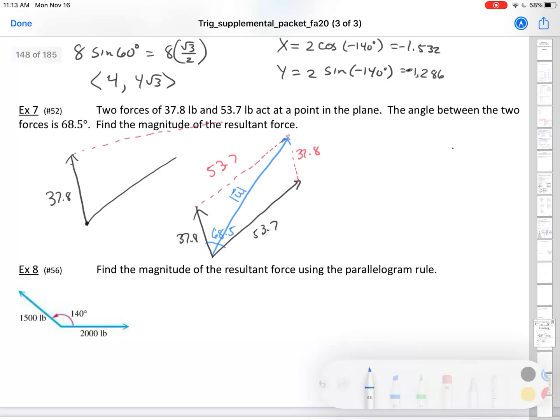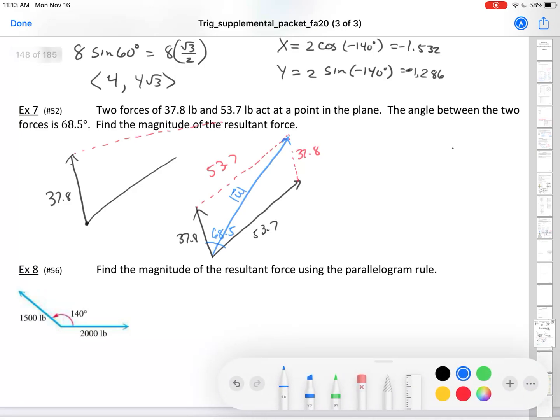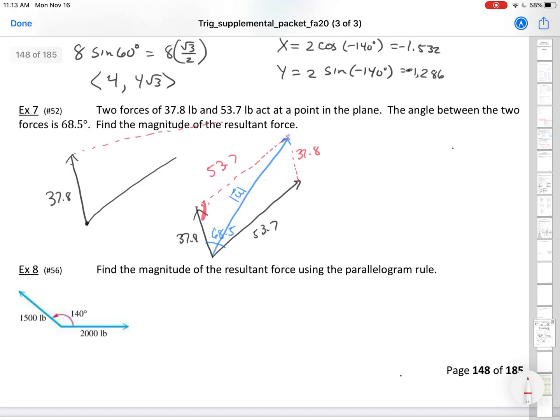So this one right here, I'll put in red. We know that this angle right here is 111.5, right? 180 degrees minus the 68.5. Yeah, 111.5.